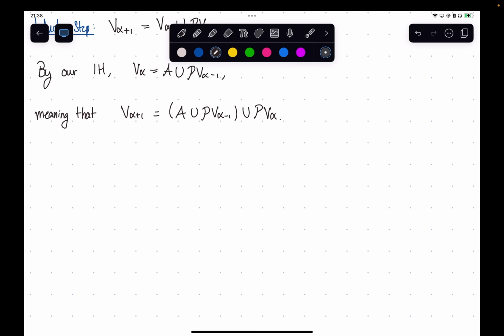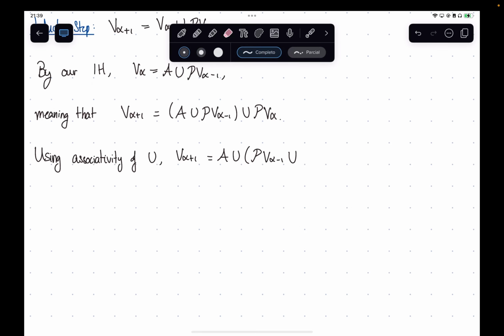The union operation is associative, so using associativity of union, V sub alpha plus 1 is equal to A union power set V sub alpha minus 1 union power set of V sub alpha.